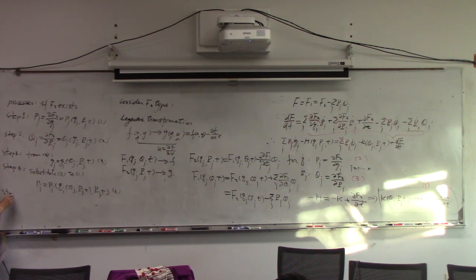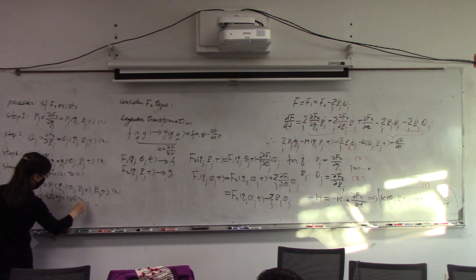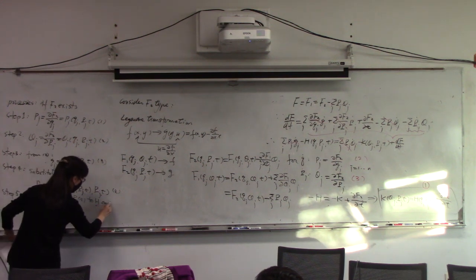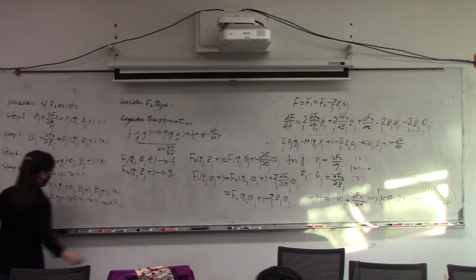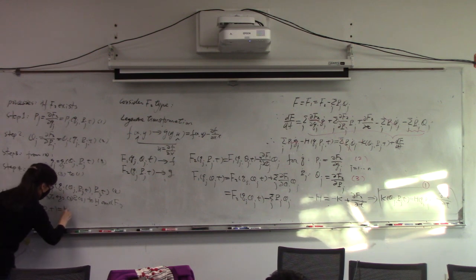Then step 5, substitute equations 3 and 4 into the Hamiltonian and F1, F2. So we have K, the new Hamiltonian, equal to the old Hamiltonian.